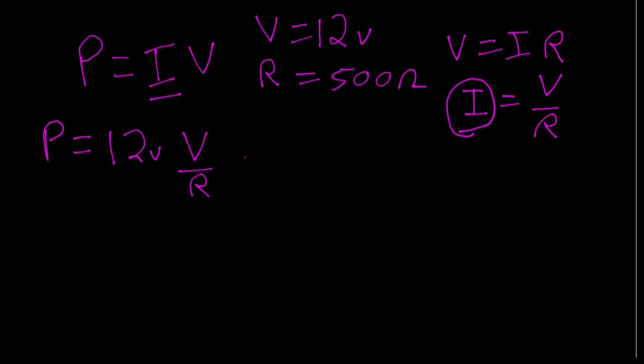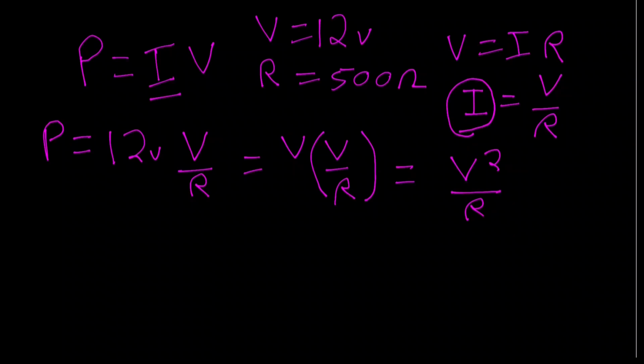So just to go back a little bit, we saw voltage multiplied by voltage over resistance. You can see that this is going to be the same exponential relationship. So voltage squared over the value of resistance.